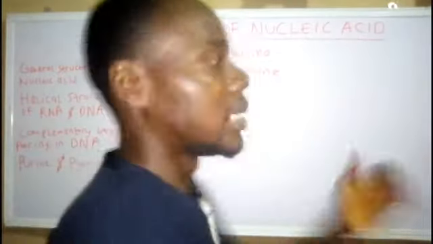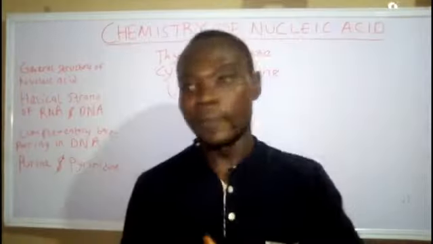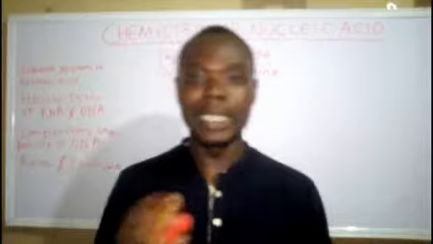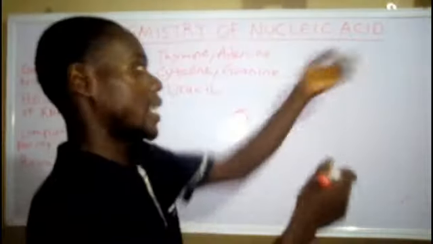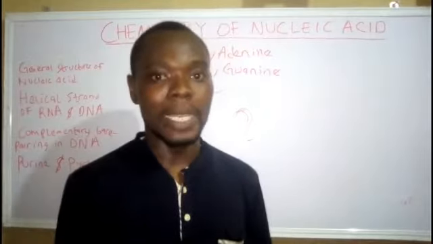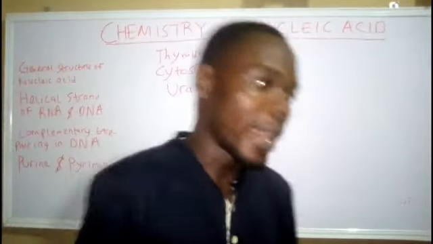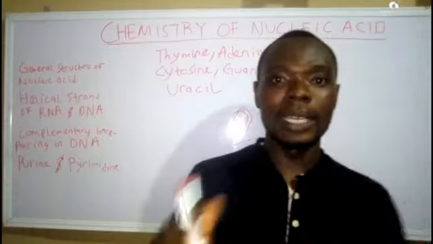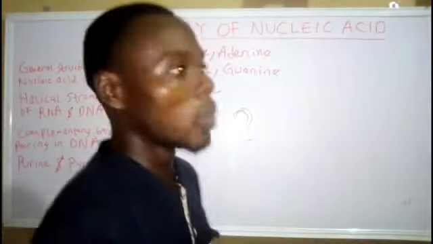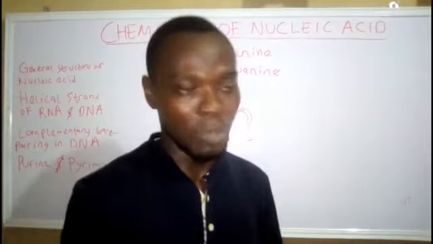Now, how is this possible? How do we achieve complementary base pairing? I mentioned earlier that DNA is made up of 2 helical strands. For complementary base pairing to occur, they must run opposite of themselves.